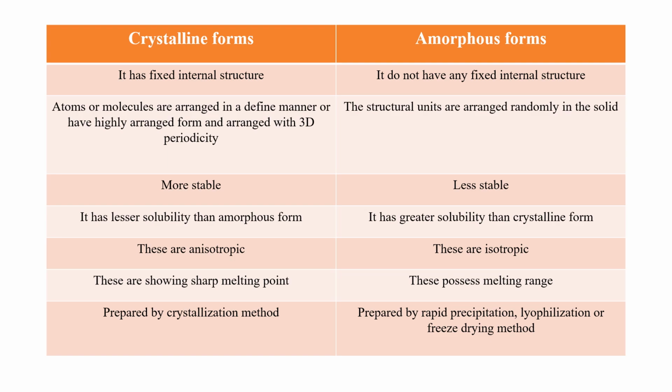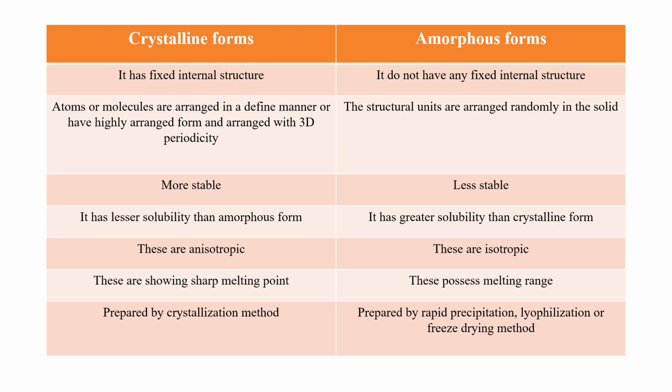In the crystalline form, the atoms or molecules are arranged in a defined manner, in a highly arranged form with 3D periodicity. And in the amorphous form, the structural units are arranged randomly in the solid.